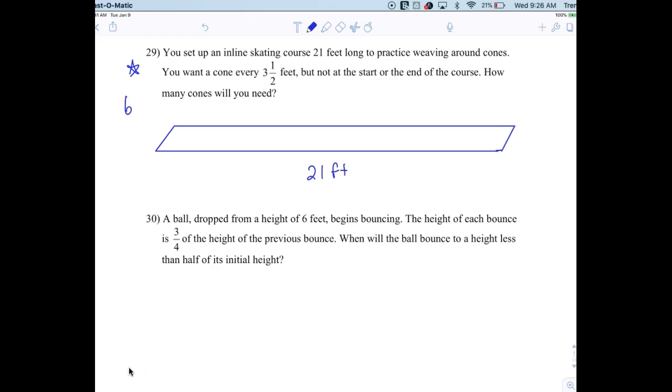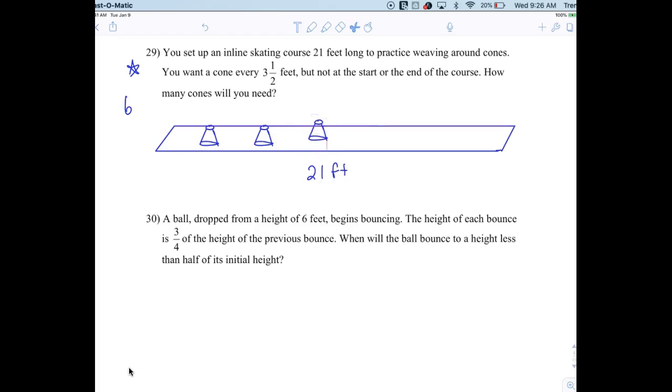Now, I'm going to set up a cone. Do I put a cone here at the very beginning? No. All right. So does a cone go right there? How many feet is that? 3.5 feet, right? So then another cone would go right there. That would be 7 feet, right?